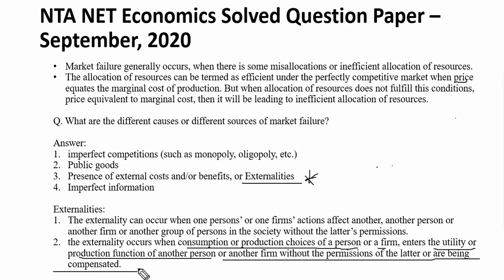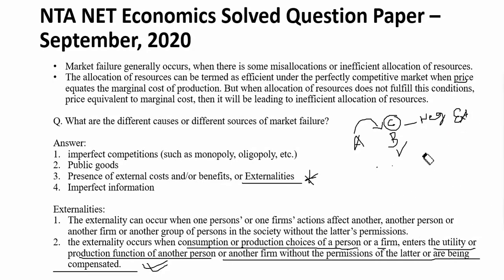So this is the broad definition. However, we can think of it as, suppose there is a firm A, suppose there is a firm B. Without the permission of firm B, A is imposing some cost. So this will be called negative externality.